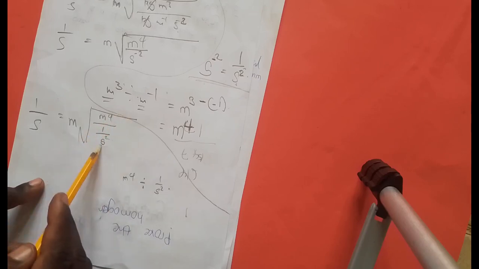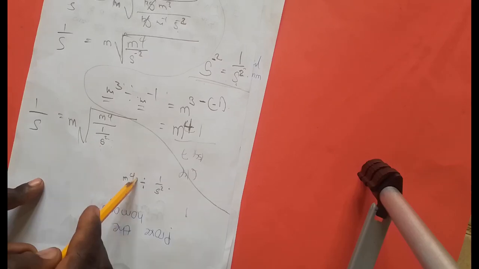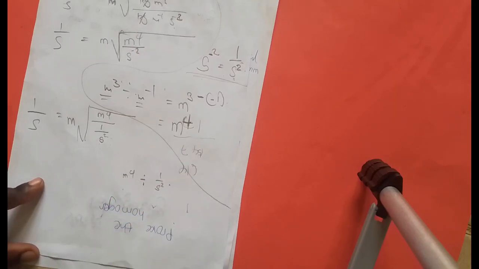If you do your math accurately, this is saying m to the power 4 divided by 1 over s to the power 2. This is now mathematics. I hope you're getting it.